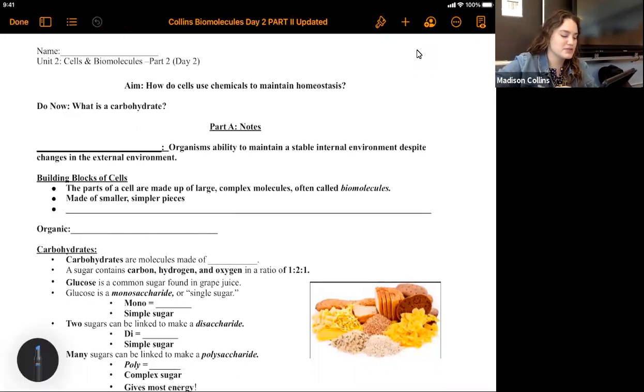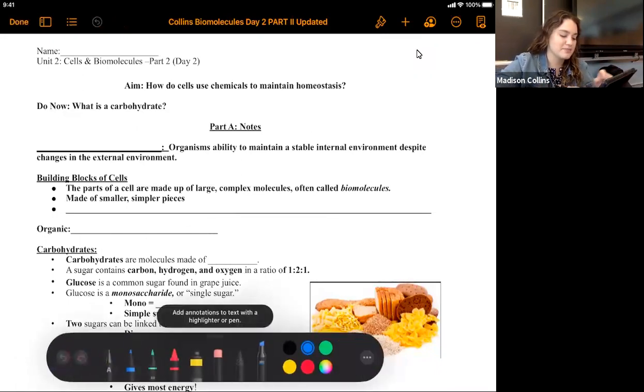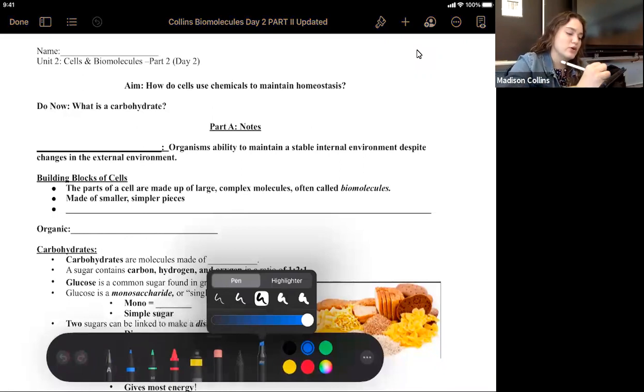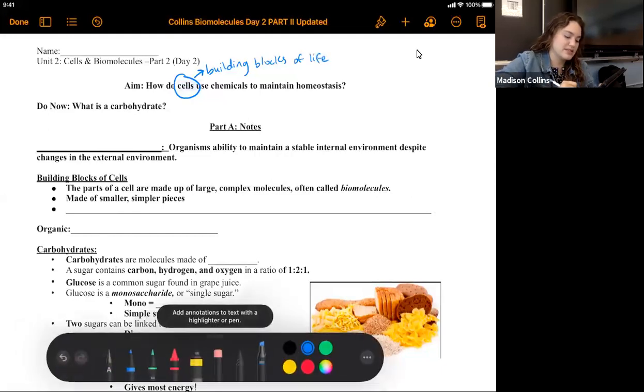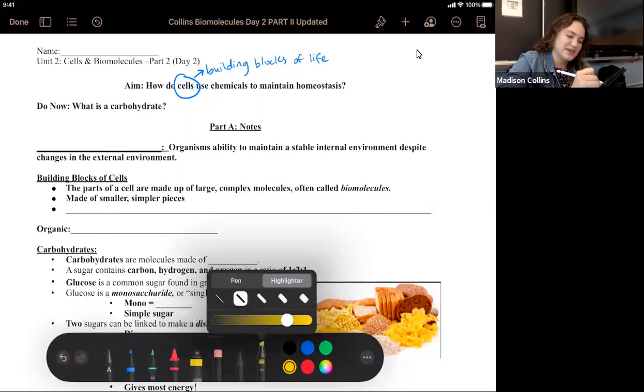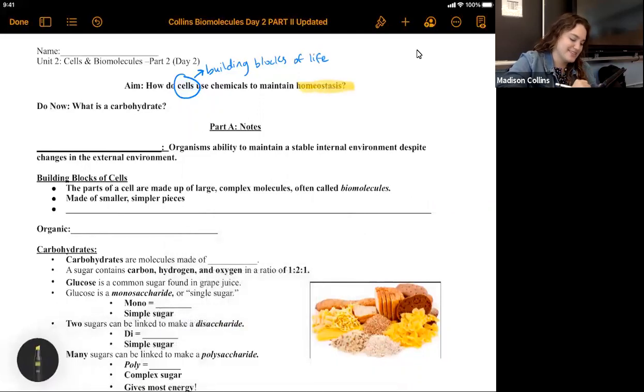There are a few things you should annotate on this aim. So first, whenever you see the word cells, you should know that we're talking about the building blocks of life. Right? Whenever you see the word homeostasis, I told you guys would see it often.